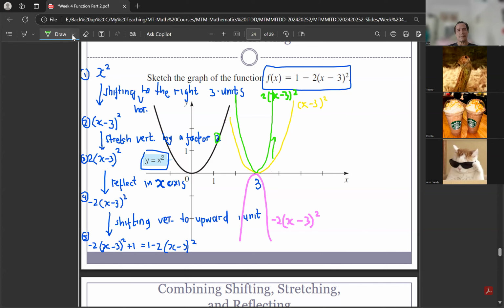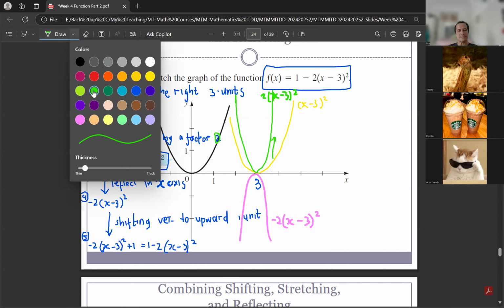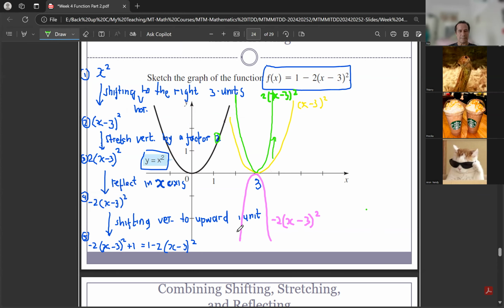Okay, look at after this, we can add one, the last add by one, such that our graph will be shifting upward vertically, so that the maximum here becomes 1.